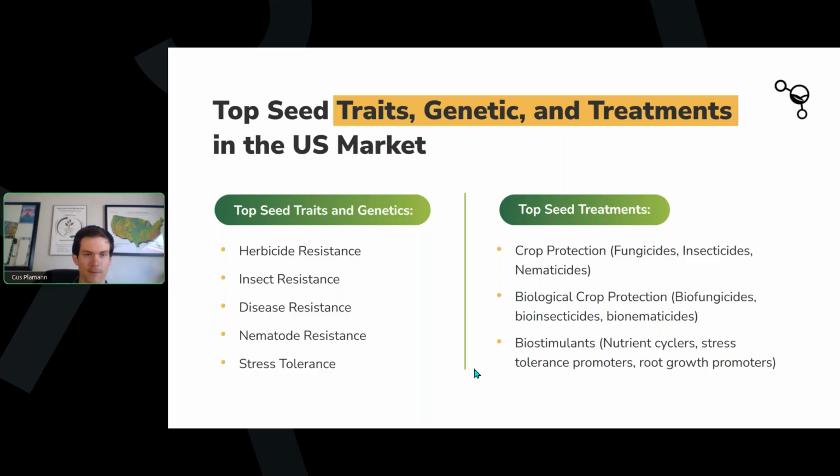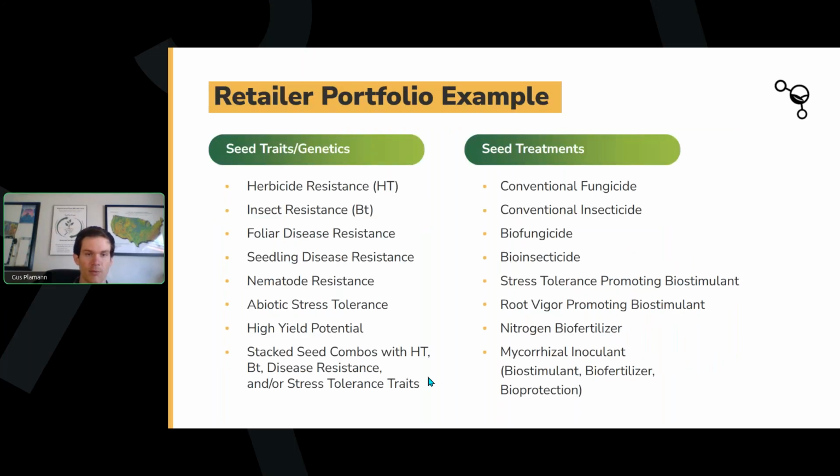This is just a few bullet points, but it can get pretty expansive when you break down all the different combinations of these seed traits and seed treatments. Again, this is not a comprehensive example, but a general example of the different seed traits and treatments that a retailer might have in their portfolio.